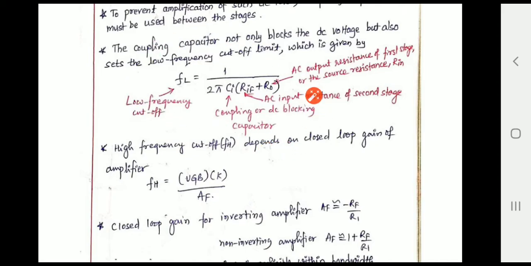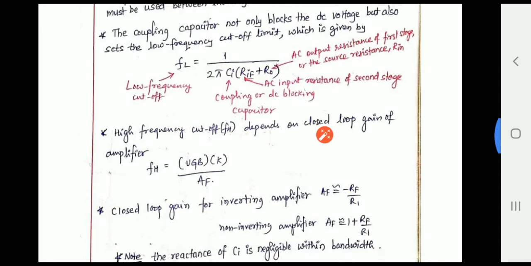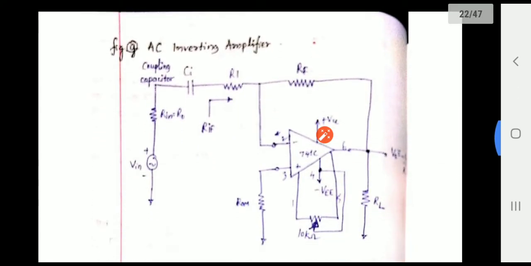Now in the high frequency response. Here FL is the low frequency cutoff, Ci is the coupling capacitor connected at the input stage of each cascade system, RiF is the input resistance, and R0 is the output resistance. It is shown here in the AC inverting amplifier.